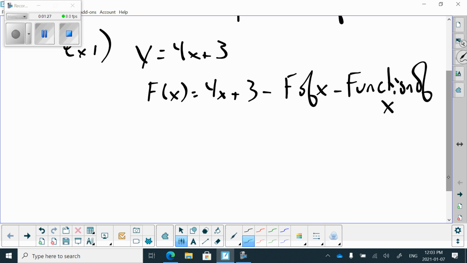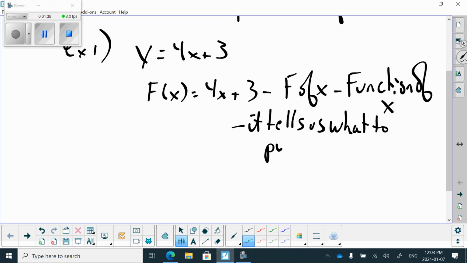Function notation tells us what we're putting into the equation. So if someone wants to give me a number, we'll use that for our example. 3.